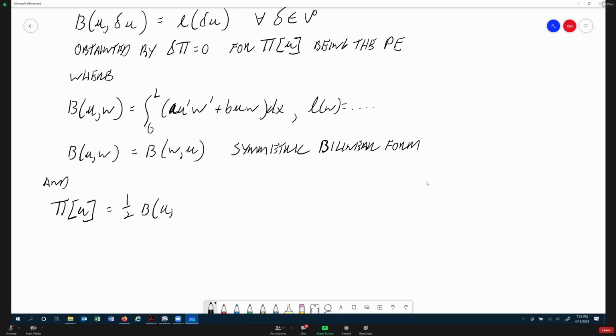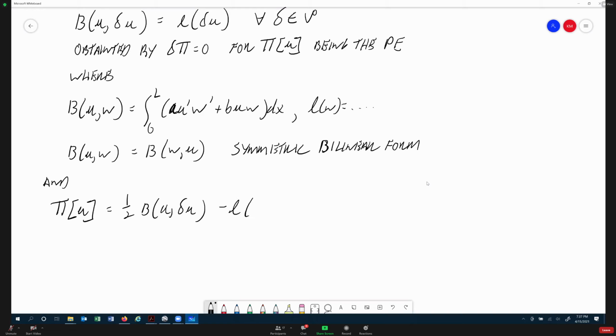Hold on, I think I found an error in my notes. Yeah, so this is B(u, delta u). For some reason in my notes, I didn't have the delta in there.